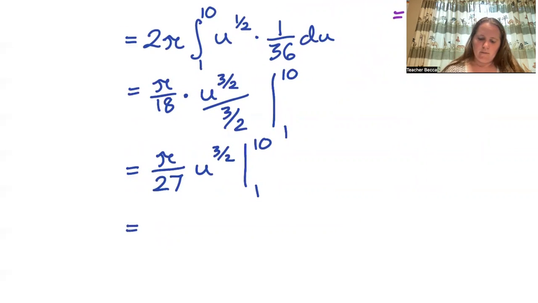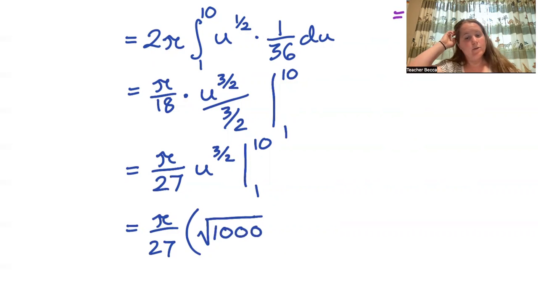So we are looking at pi over 27 times the square root of 10 cubed, or the square root of 1000, minus 1. So we have pi over 27 times, in parentheses, the square root of 1000 minus 1. Let me update my screen.